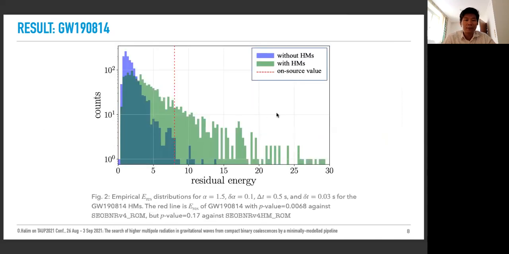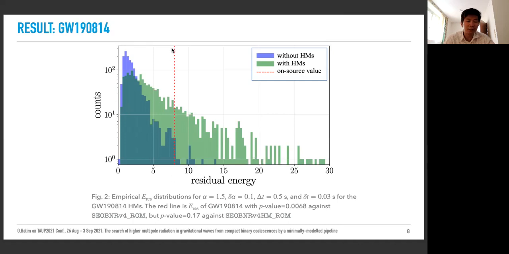And the result is that after doing the Monte Carlo simulation, we plot the histogram without higher mode, meaning that we inject without higher mode, and then we calculate the residual without higher mode. And then we have the purple histogram. Meanwhile, we put the alternative hypothesis also in this plot, which is injecting with higher mode, and then computing the residual without higher mode, and then we get the residual distribution.